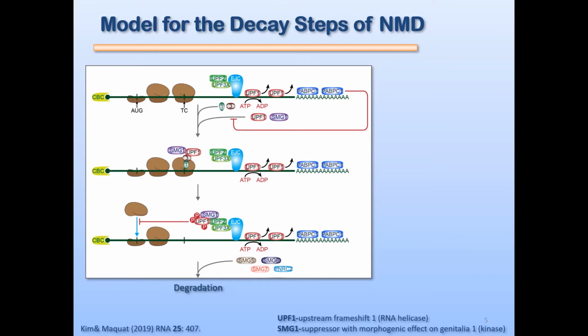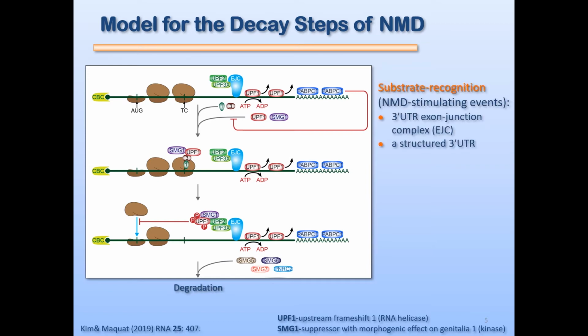So the model for the decay of messenger RNAs by nonsense-mediated decay is rather complex, but it includes a number of factors and depends on a complex, marked here in blue, called EJC, for exon junction complex. This complex of proteins is deposited at exon junctions during the splicing process, and it is removed by the ongoing ribosomes, which translate messenger RNA.